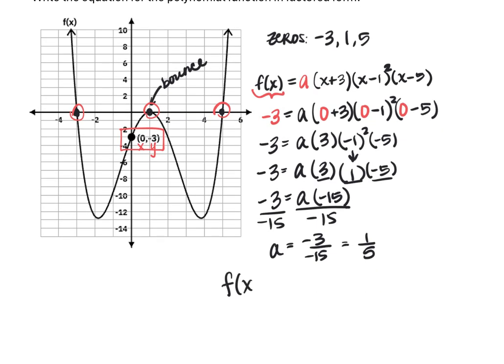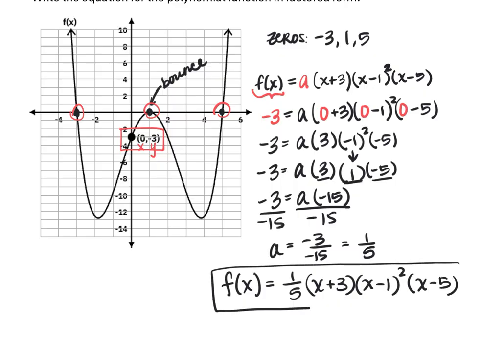So our polynomial function, f of x, is equal to 1/5 times the quantity x plus 3 times the quantity x minus 1 squared times the quantity x minus 5. And this is our polynomial function left in factored form. And we've got the correct x-intercepts as well as the correct a value so that this function will go through the point 0, -3.